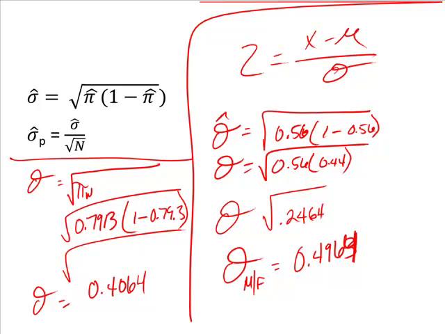So my standard error, standard deviation, whatever you want to call it, our measure of variation for whites and non-whites is 0.4, but for the male and females is 0.49.